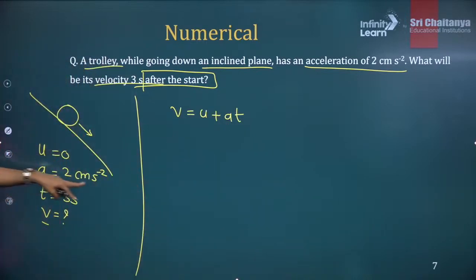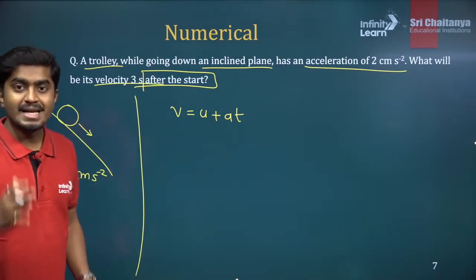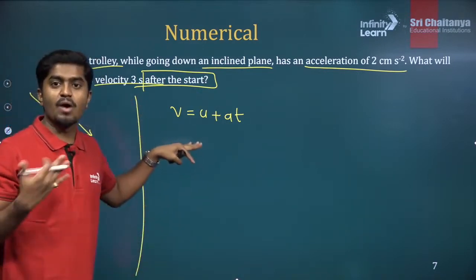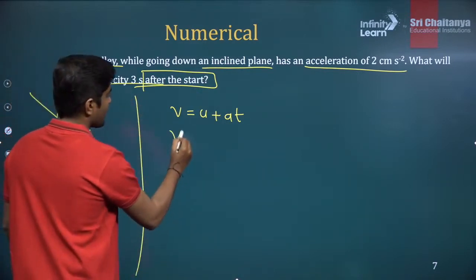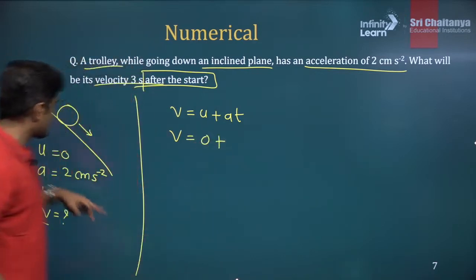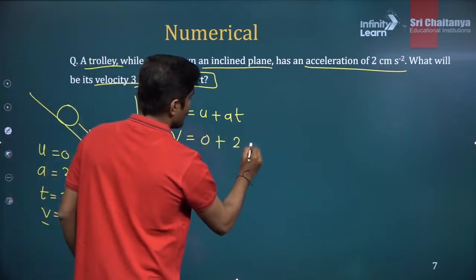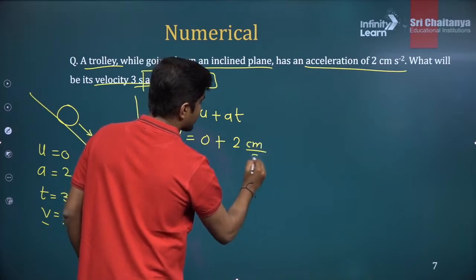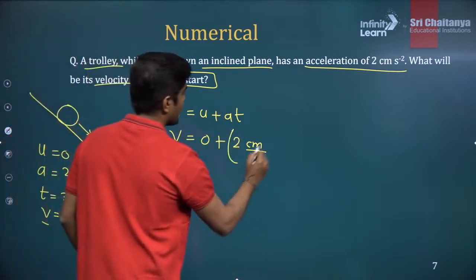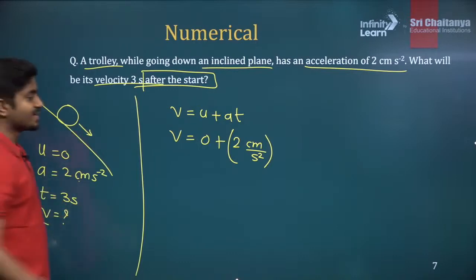But remember, this is not the SI unit. So if something is not an SI unit, I'll write the units. Just look at how I am solving this. V is U, which is 0, plus acceleration, which is 2 centimeter per second square, multiplied by time, which is 3 seconds.